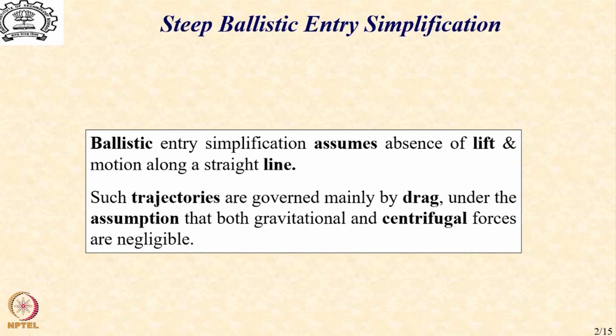So in addition to the neglect of lift, we also neglect the centrifugal forces because the trajectory curvature is 0, so the radius of curvature is infinite and the V square by r term goes to 0. And we also ignore gravitational acceleration, as the drag is the primary force that is responsible for the trajectory parameters.